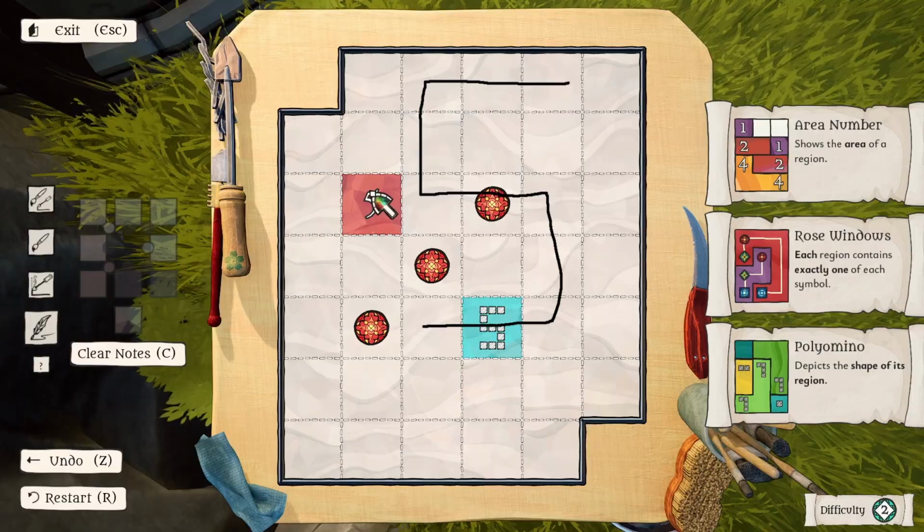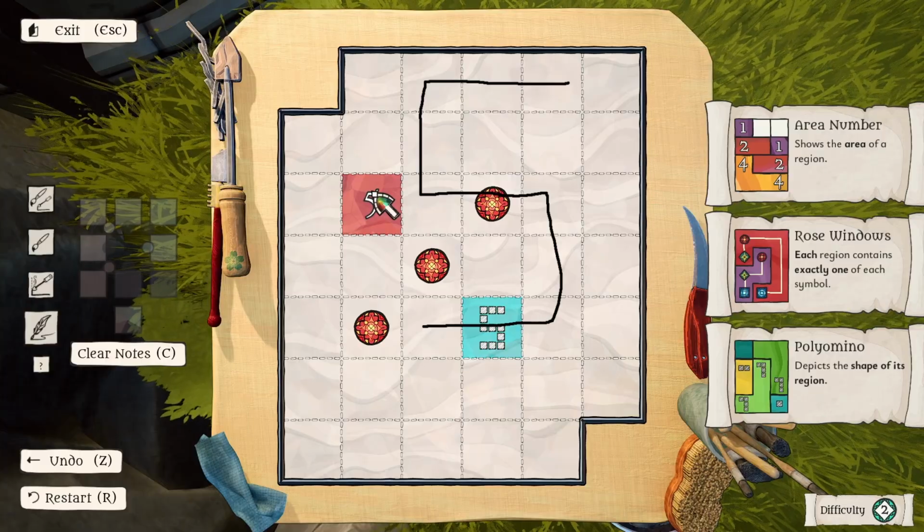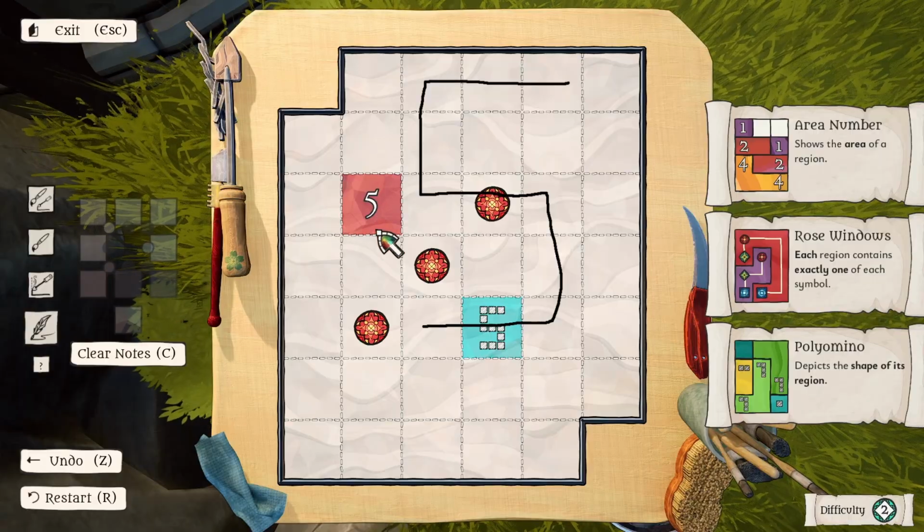Let's see here. 1, 2, I do see a problem with it. Okay.